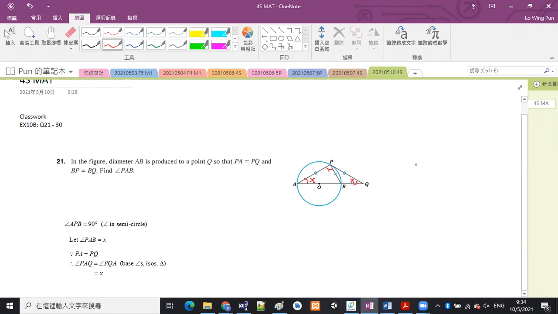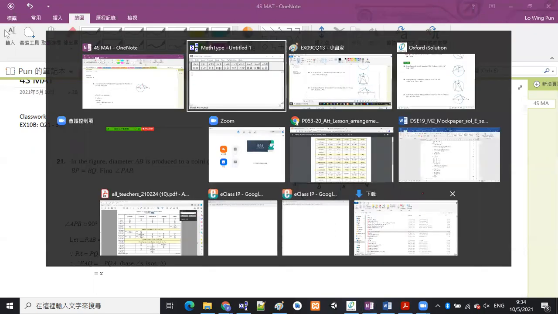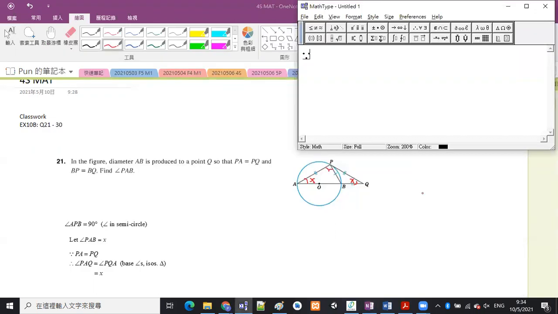And then we have the second pair of equal size. BP is equal to BQ, and these two equal sides can also form an isosceles triangle. So we can make use of this isosceles triangle because BP is equal to BQ. Therefore, we can say that angle BPQ is equal to angle BQP.